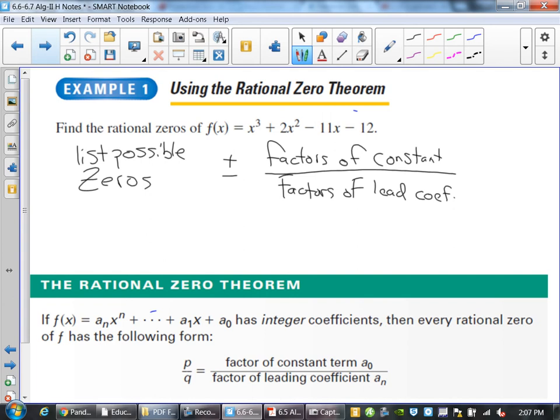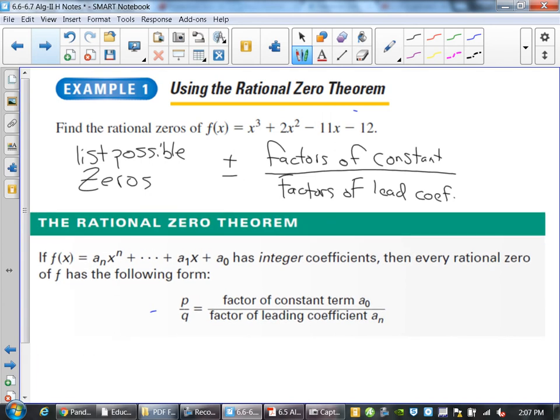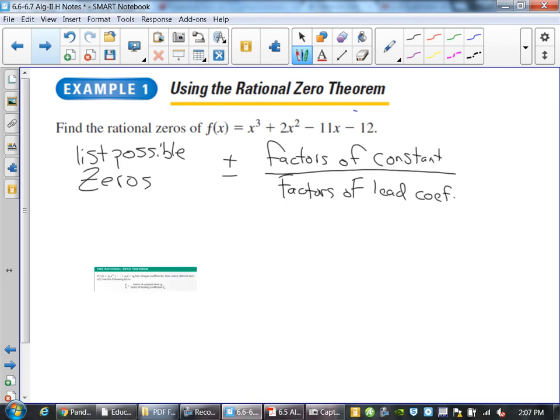It goes into this whole rigmarole of if f of x is a sub n x to the n plus dot dot dot a sub 1 x plus a naught. Put a function in descending order, look at the constant, what are the factors of the constant, divided by all the factors of the leading term's coefficient.